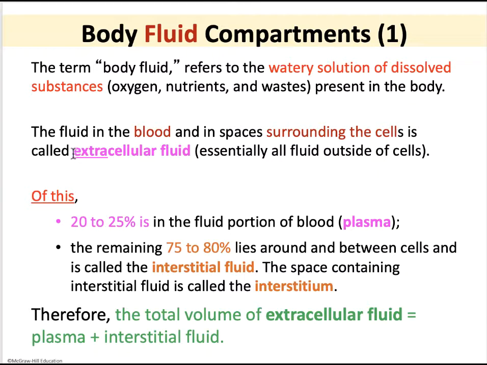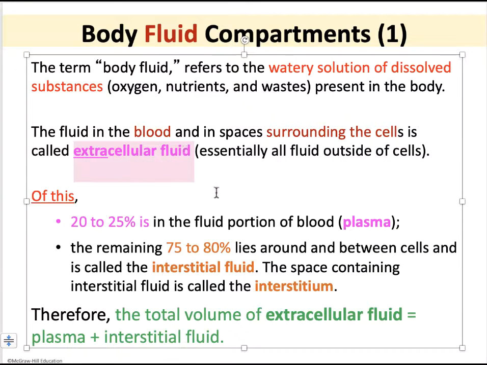So let's focus on the fluid outside the cells, extracellular fluid, and this fluid is very important. It is, however, divided into two subcompartments, and they should be pretty easy to understand. The first is blood itself. We consider the liquid part of blood to be plasma. So when somebody talks about plasma, they're talking about the watery component of blood.